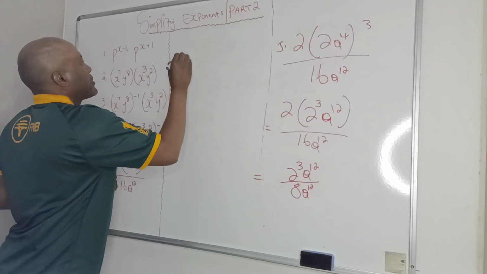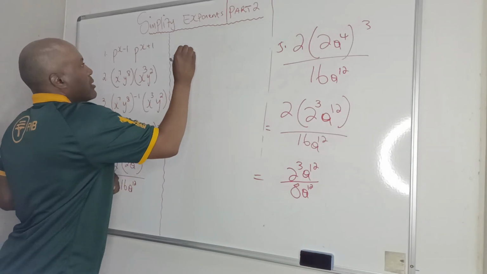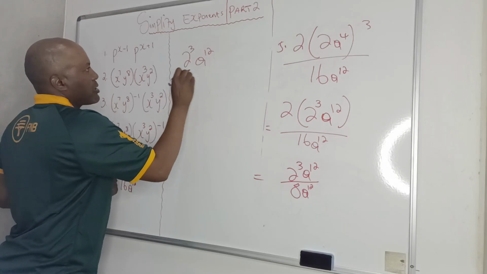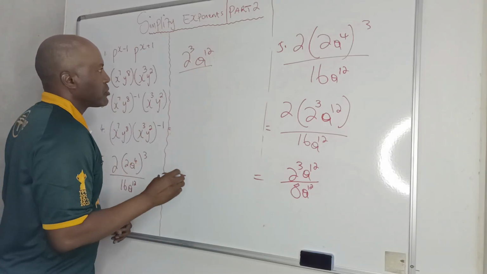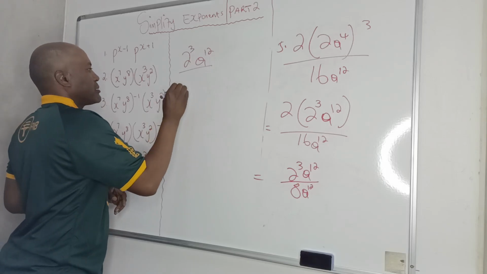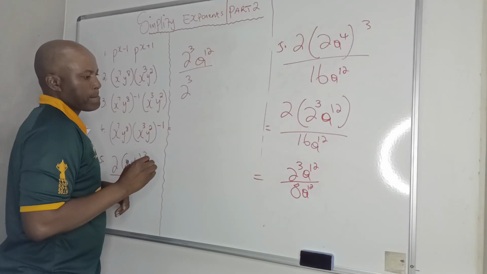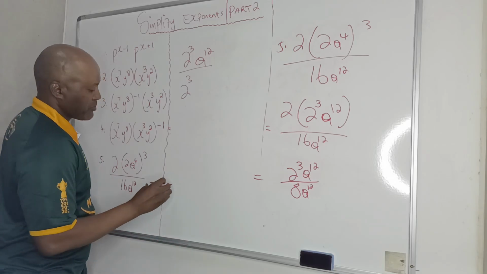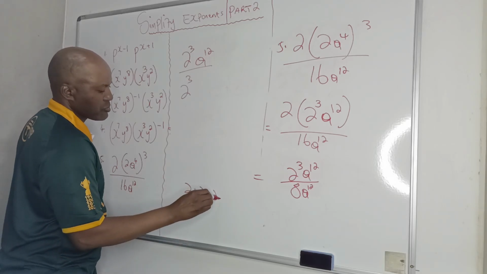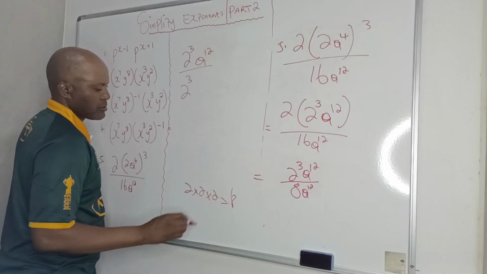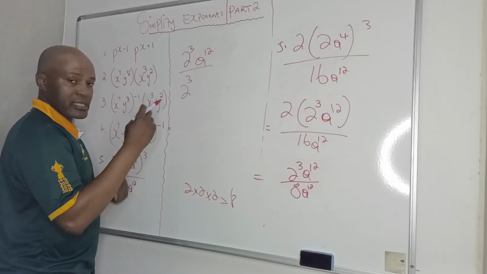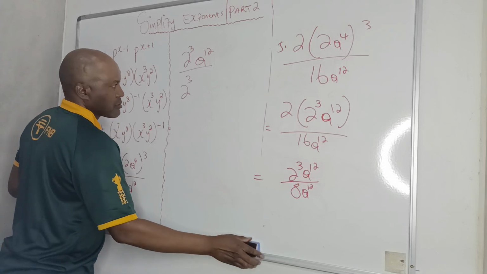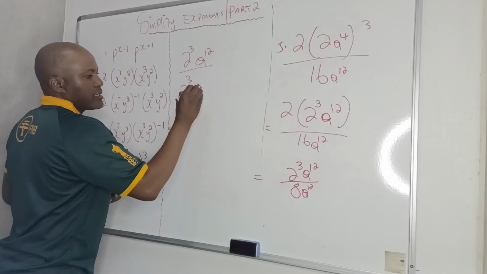We keep our numerator as it is, 2 raised to 3, a raised to 12, all over. This 8, you write it as 2 raised to 3, because you take its prime number: 2 by 2 by 2 you get 8. So you just take its prime number and raise it to 3. And then we remain with a raised to 12.